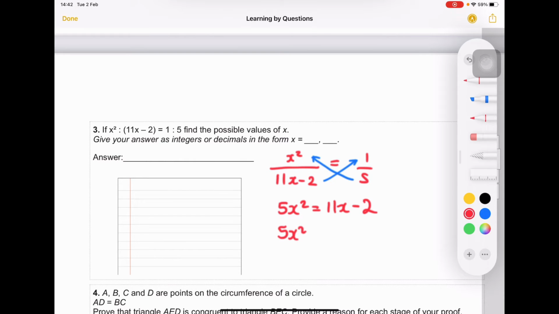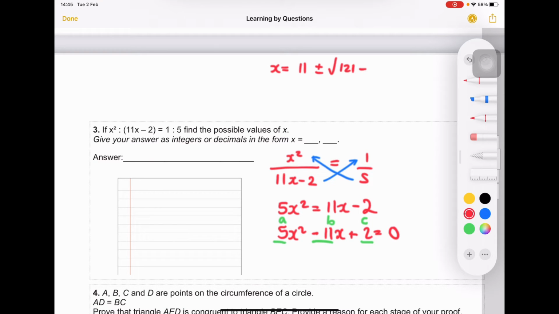Move everything to one side. 5x squared minus 11x plus 2 equals 0. Now we will have to use quadratic formula. Using the quadratic formula, we have negative b, which is 11, plus or minus root b squared is 121.